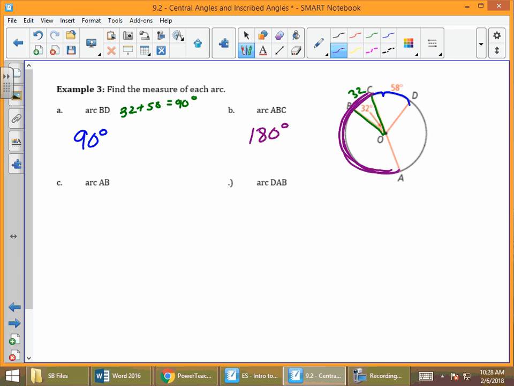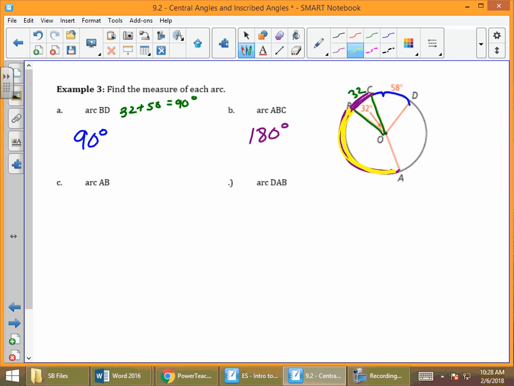For C, we want to find arc AB, which is this yellow arc. How can we find the measurement of that yellow arc? What do we do? Perfect.